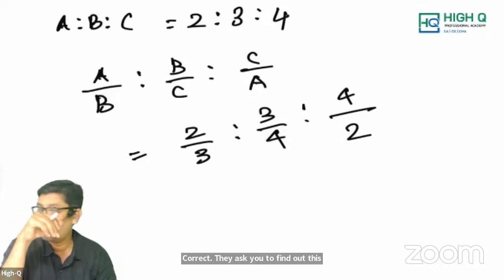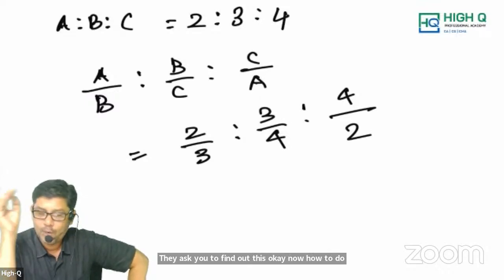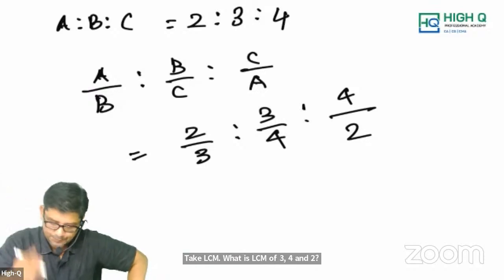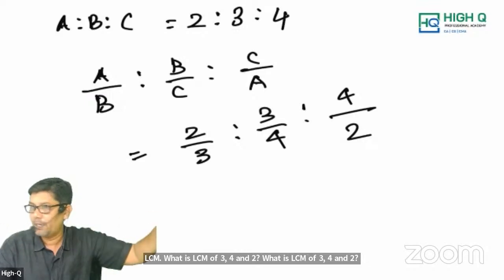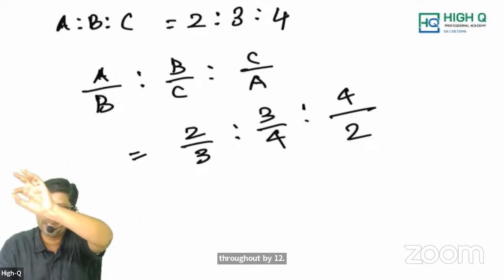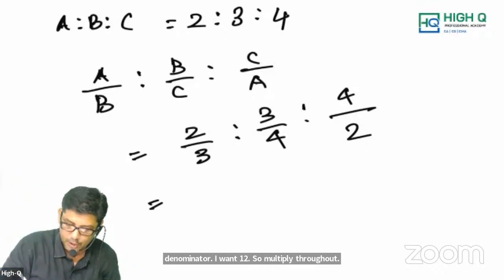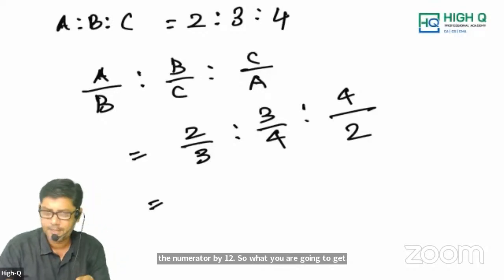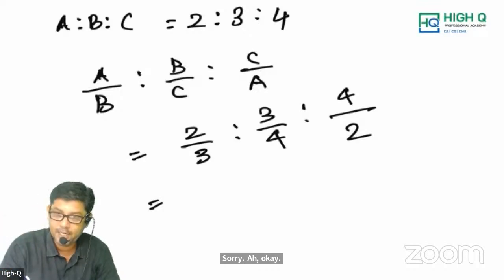Now, how to do it, my dear? Take LCM. What is LCM of 3, 4, and 2? 12. I want 12 in every denominator, so multiply the numerator accordingly. 12 twos are 24. Sorry. I want 12 in the denominator so I'll multiply by 4 in the numerator.